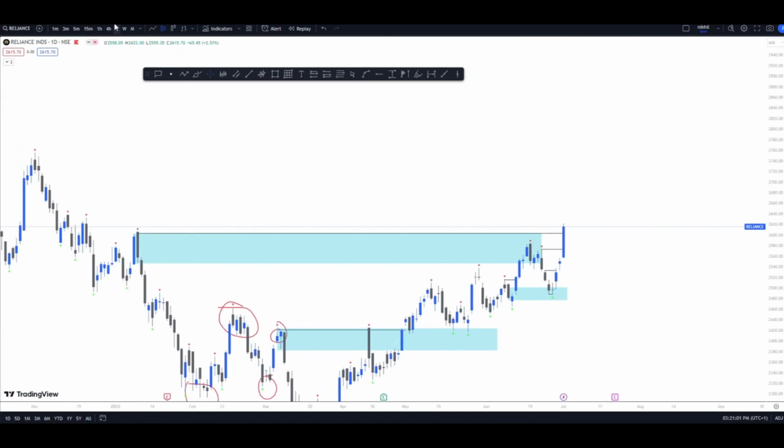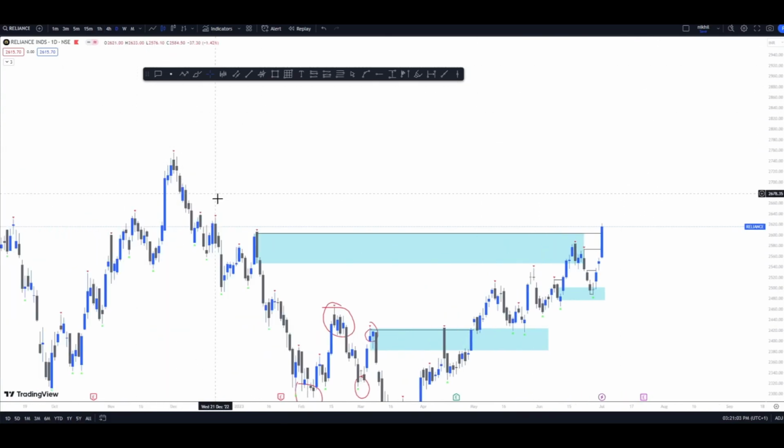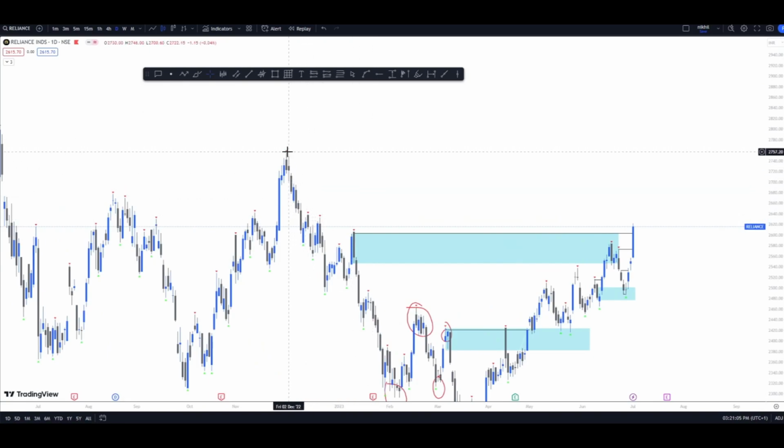Alright, so अगर मैं 4 hour time frame देख रहा हूँ, daily time frame भी देख रहा हूँ, तो I am expecting for price to move here till 2754.